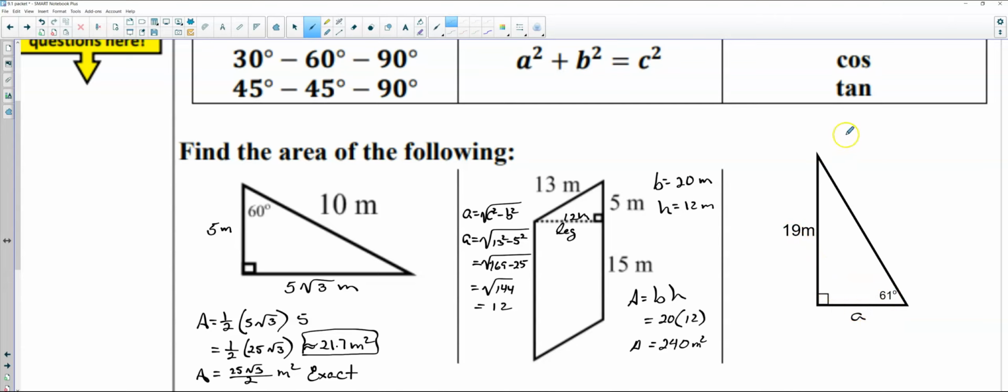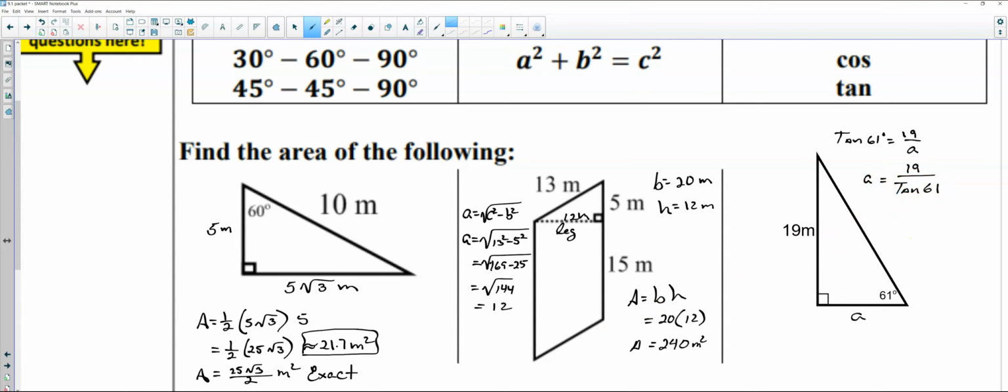So the tangent of 61 degrees is equal to 19 over A. Remember that I'm solving for A, so A is equal to 19 divided by the tangent of 61.